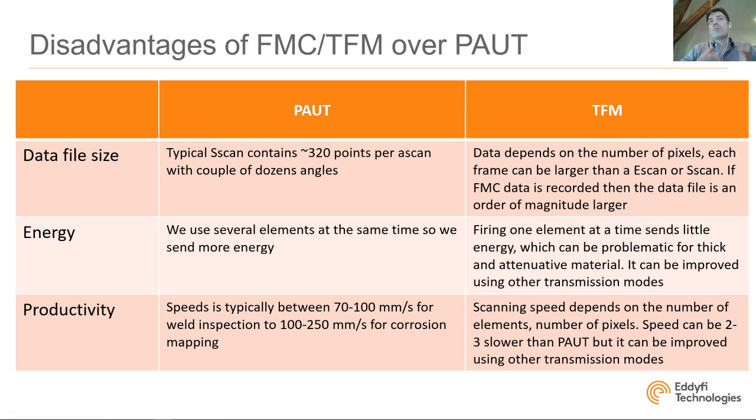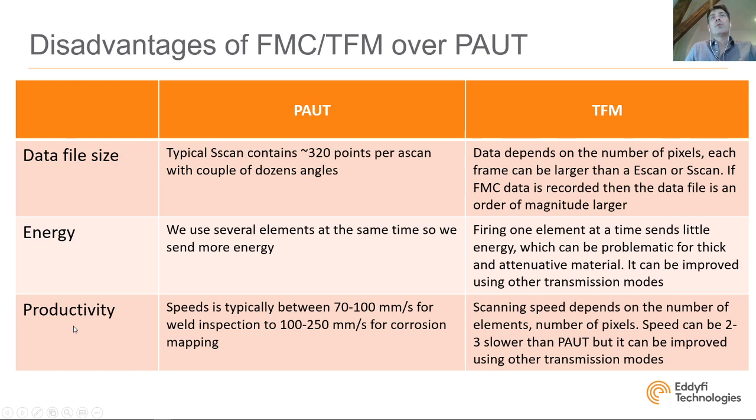Even though in reception you are focusing, you can have some difficulties for very thick and attenuative material. But it can be improved using other transmission mode like the plane wave imaging, PWI, and still do TFM. I recommend going to our website on the blog where the plane wave imaging is explained, and in a future coffee break we will also have a coffee break about plane wave imaging.